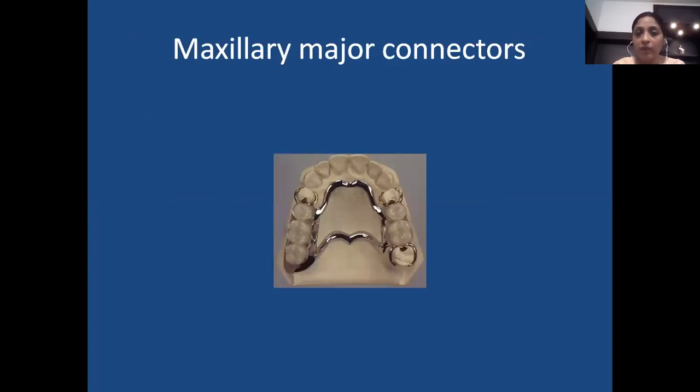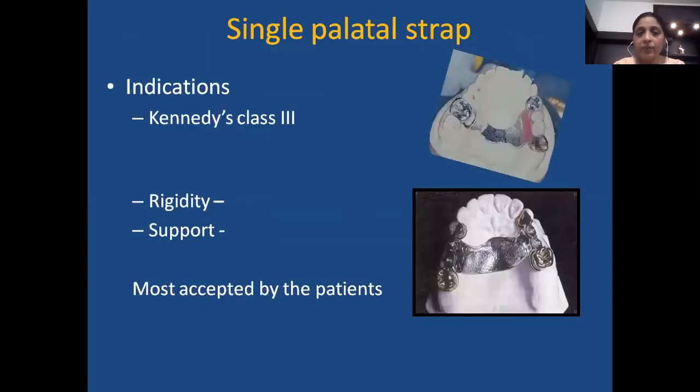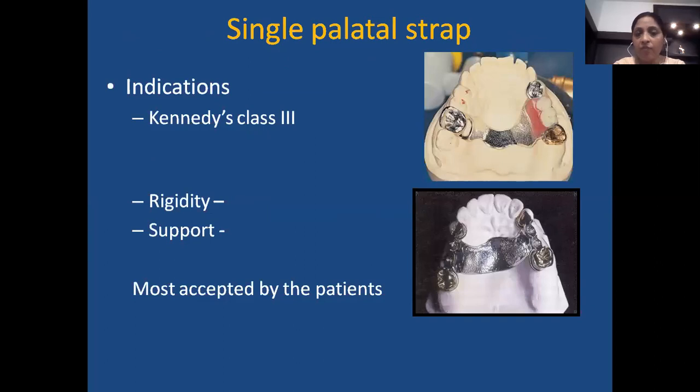Now, to start with the maxillary major connectors, the first type is the single palatal strap. This is the major connector from here to here. The width of this major connector is very small, only about 5 to 8 millimeters, so it cannot be used in a long edentulous area.